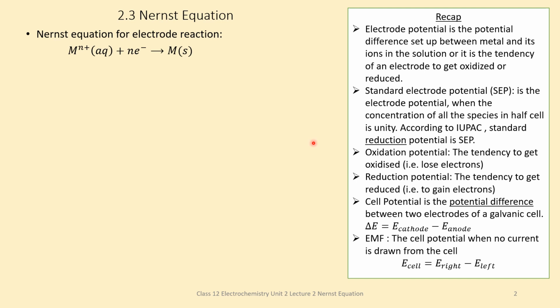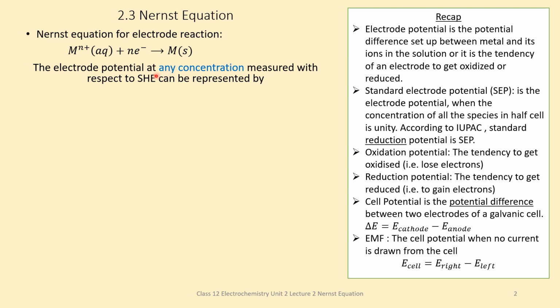Nernst showed that for the electrode reaction M^n+ (aq) + ne^- forms M(s), the electrode potential at any other concentration, measured with respect to standard hydrogen electrode, can be represented by the equation E of M^n+/M equals E naught M^n+/M minus RT over nF natural log of concentration of M divided by concentration of M^n+.